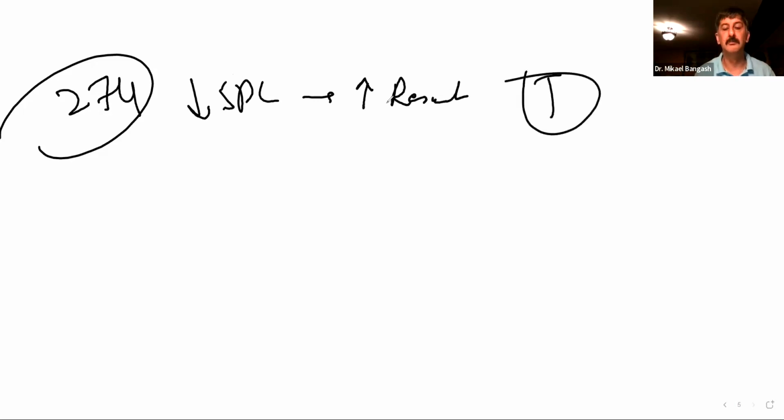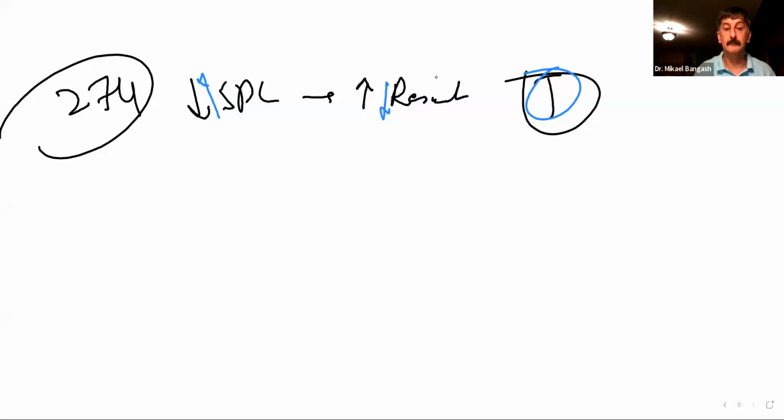That is true. Clear? Had this said the opposite, greater pulse, lower resolution, that would have been true as well.